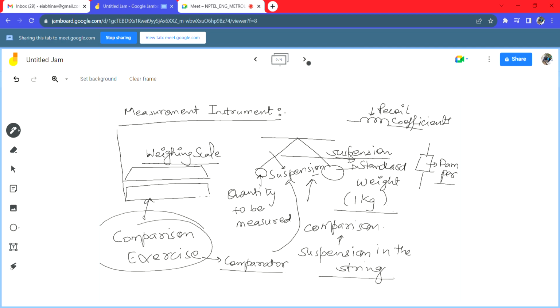When you design a mechanical comparator, you have to store the energy balancing in some mechanical instrument.